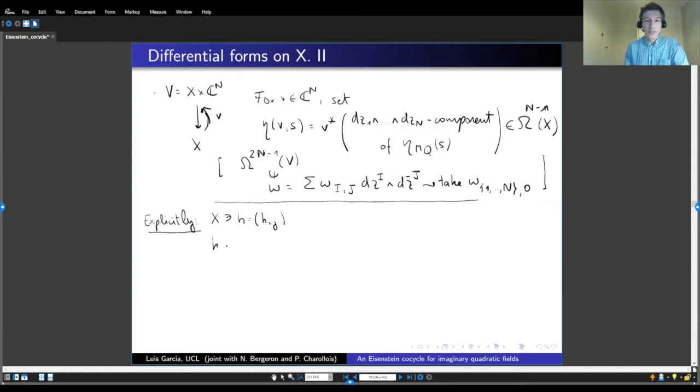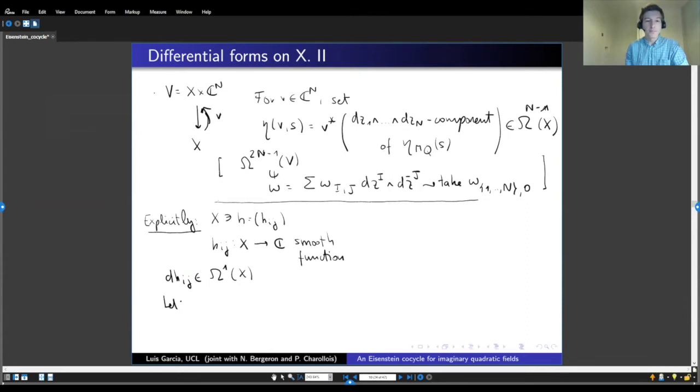Then each Hij defines a function on the symmetric space. To a matrix, you attach its ijth entry. This is a smooth function. And you can also differentiate it, and you obtain a one form on the symmetric space.